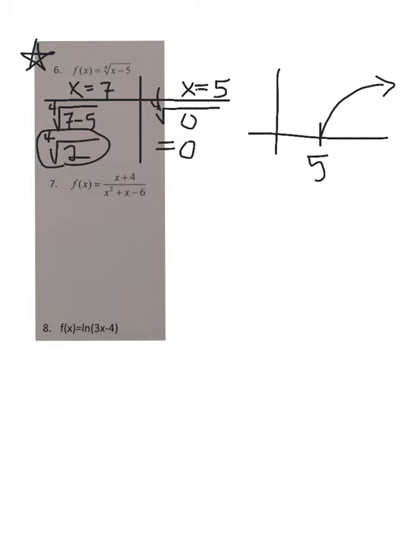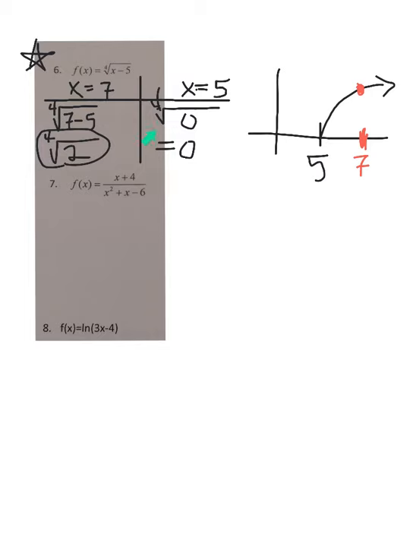Let's pretend that was 7 right there. Basically the limit coming from the left and the limit coming from the right equal the same thing, and f of 7 is also the same thing. So it's whatever the 4th root of 2 is, I have no idea. Okay, so that's why that works.